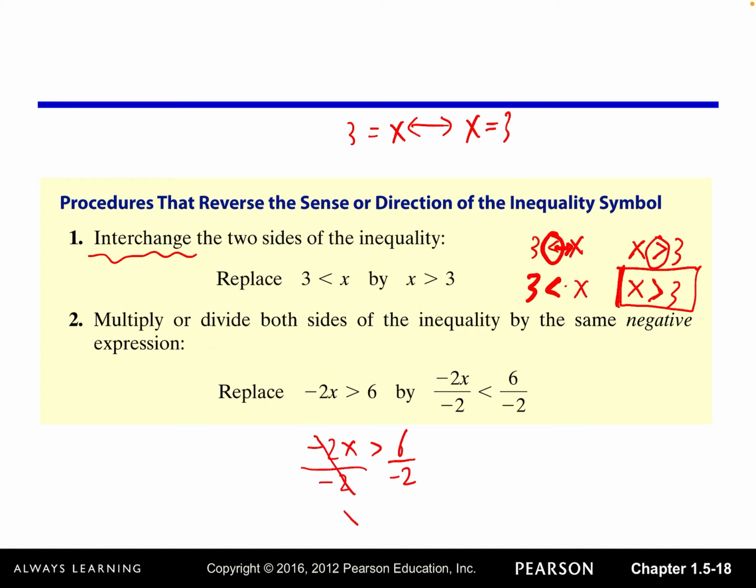The negatives cancel, the left-hand side is x, and 6 divided by negative 2 equals negative 3. So we simplify both sides first, and then decide whether the symbol stays the same or flips. Since we divided both sides by a negative number, we do need to switch the direction of the inequality symbol. So the answer should be x less than negative 3.